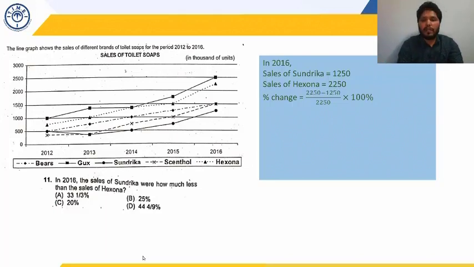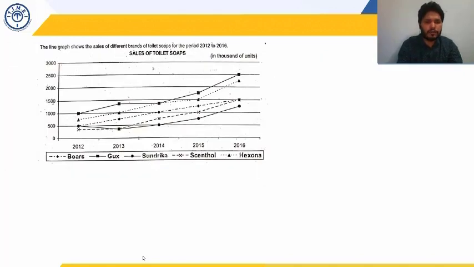So Sundrika will come in the denominator. So 1000 upon 2250 into 100%. So we can get it 4 by 9. 1 by 9 is 11.11% and 4 by 9 is going to be 44.44%. So the answer is option D. The easy question was D, as we just have to check Sundrika is what percentage less than that of Hexona. Okay, let's move on to the next question.